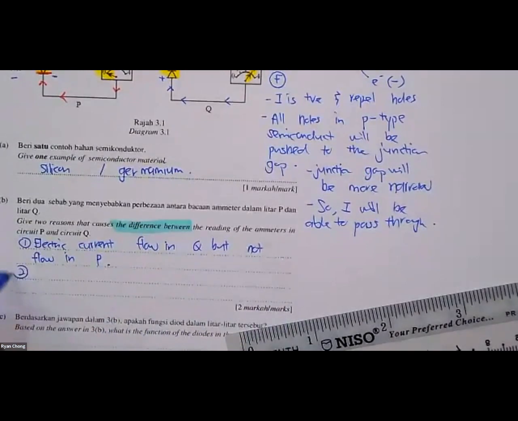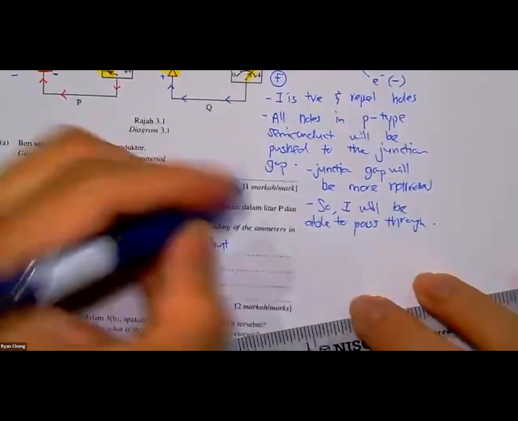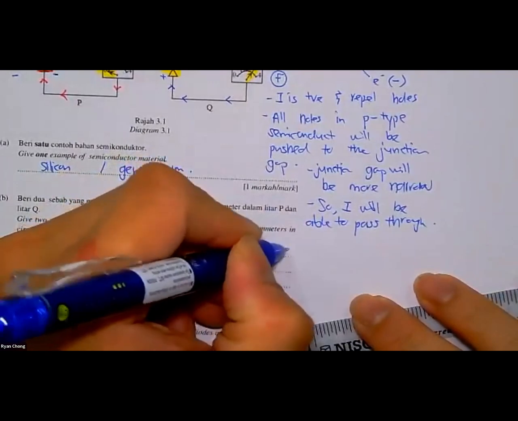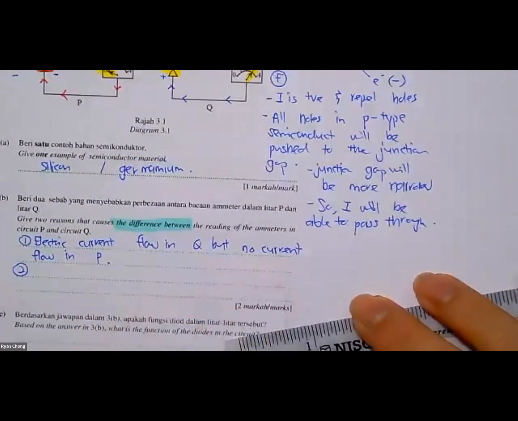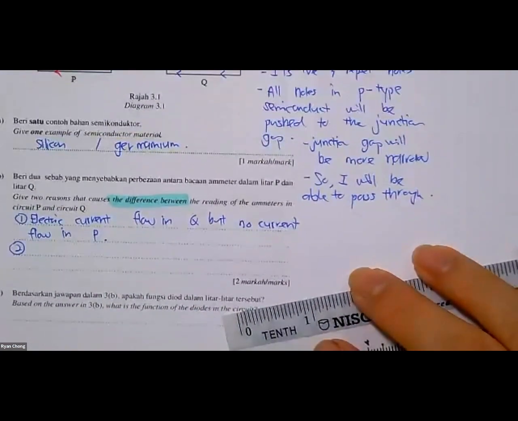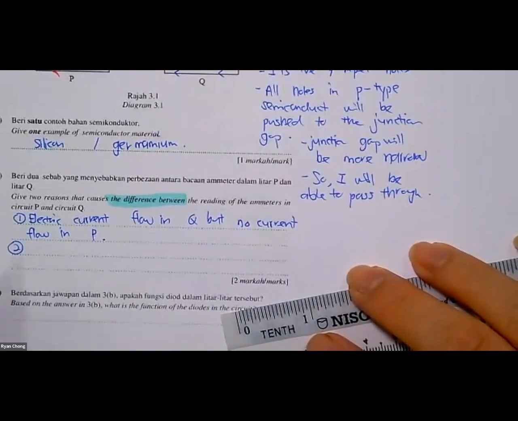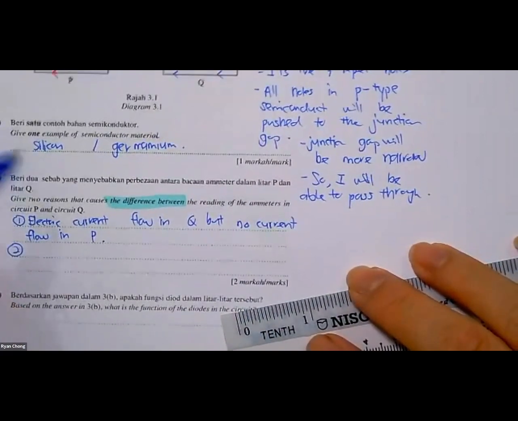All right. Then after that, wait, let me make a correction first. No current flows in P. Mention no current flow, don't just say not flow in P, which is not so correct. So you mention current on both sides. Why? The first reason, you say no current. Then the second part, why no current?